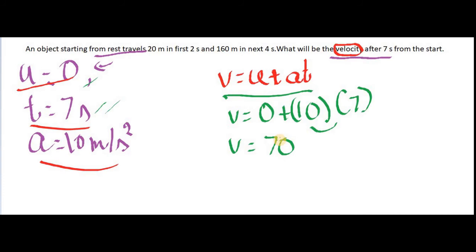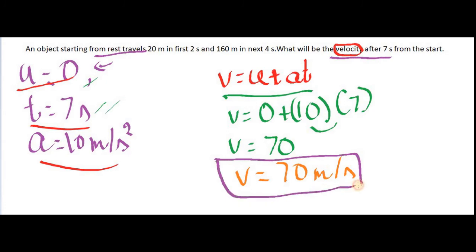As simple as that. So the final answer, v would be 70. What are the units? Meter per second. So this should be our final answer. The velocity after 7 seconds from the start would be 70 meter per second.